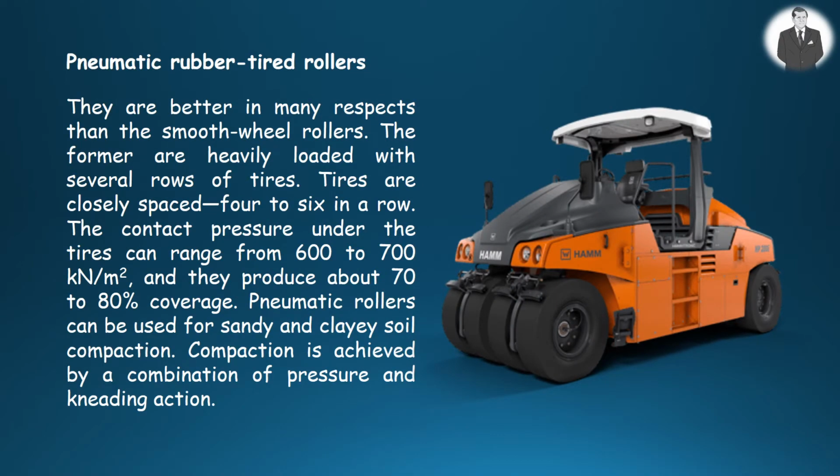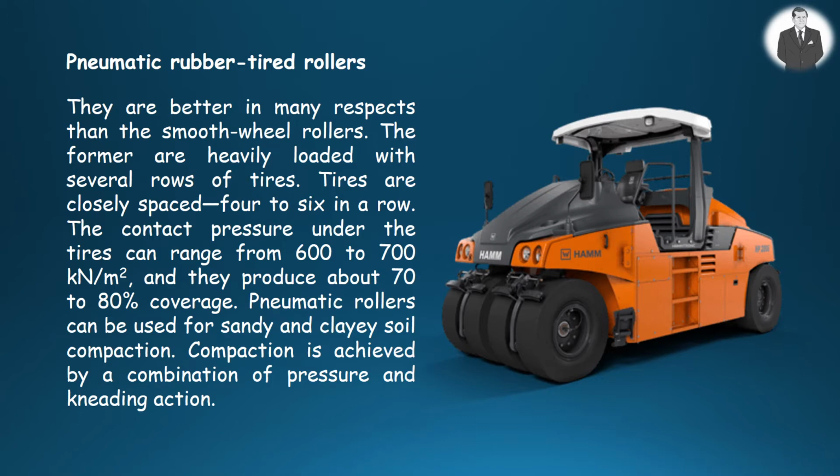This is another type of compactor called pneumatic rubber-tired rollers. They are better in many respects than the smooth wheel rollers. These equipments are heavily loaded with several rows of tires. Tires are closely spaced, 4 to 6 in a row.